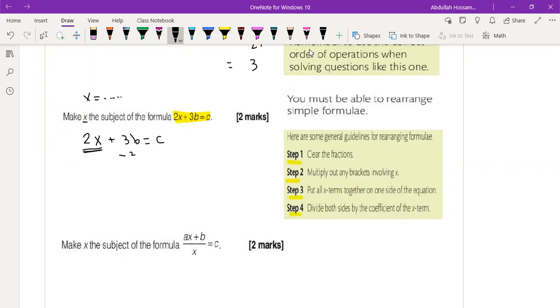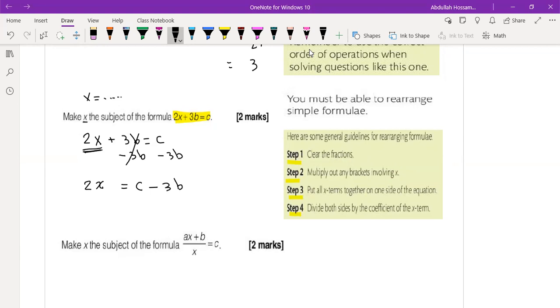Well, subtract 3b. So 2x, 3b minus 3b equals 0. Then c minus 3b is c minus 3b. Or you can do it directly by subtract from c 3b like this.